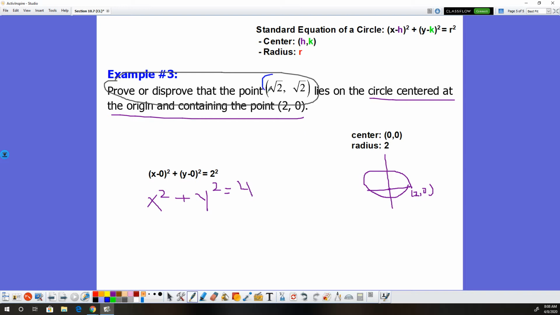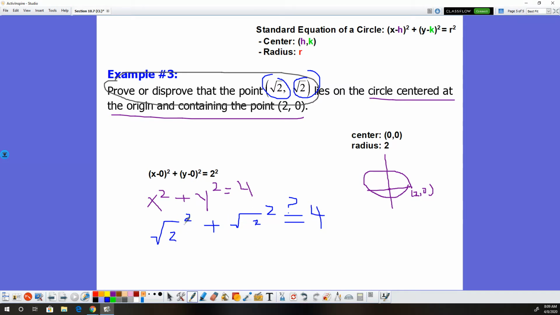I plug in this square root of 2 for my x, so it'd be square root of 2 squared plus this square root of 2 in for my y, squared. Does that equal, I'm going to put a question mark because we don't know, 4? If it does equal 4, this point lies on the circle. If it does not equal 4, then this point does not lie on the circle.